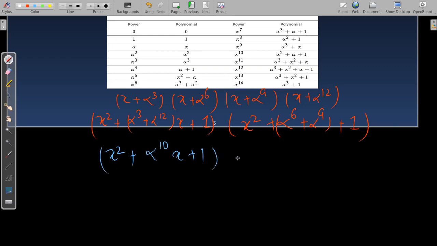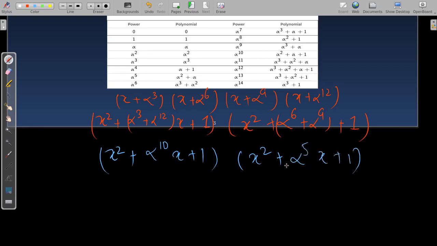And you see alpha 6 plus alpha 9, alpha 6 is equal to alpha cube plus alpha square, and alpha 9 is equal to alpha cube plus alpha. So I will have alpha square plus alpha, and alpha square plus alpha is alpha to the power 5. So we will have x square plus alpha to the power 5 x plus 1.